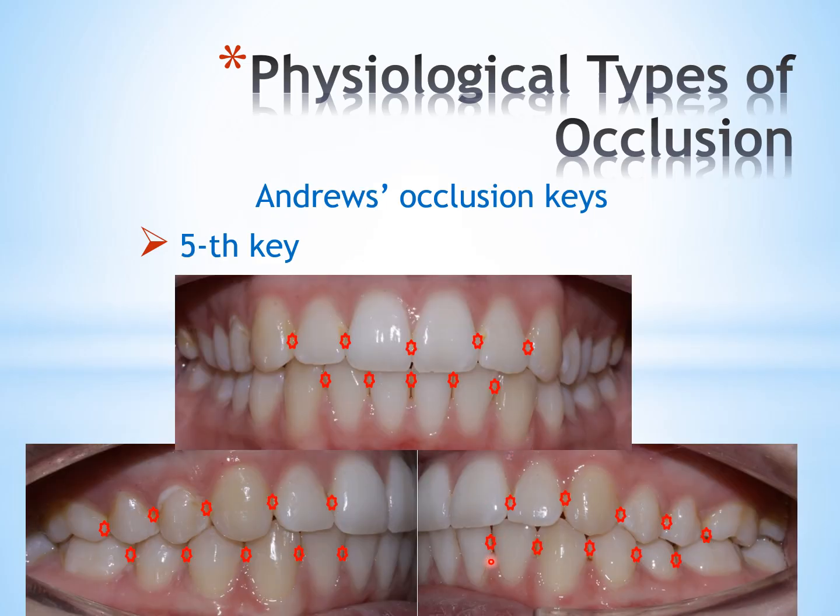Fifth key of occlusion by Andrews: tight approximal contacts between teeth in the dental row, without spaces, without tremas and diastemas.